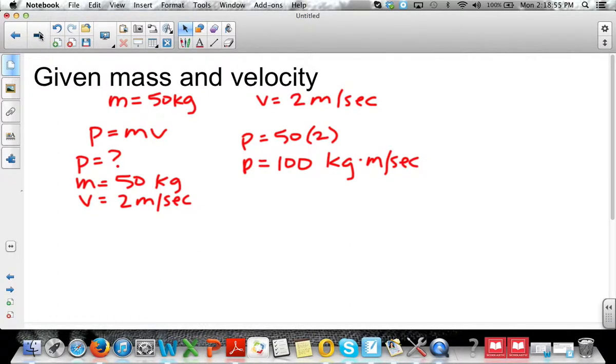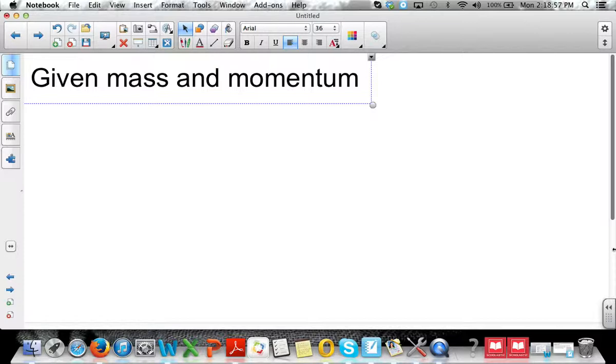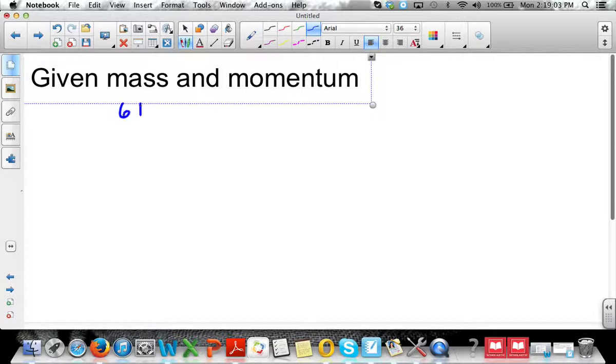The next one, given mass and momentum, let's say the mass this time is 6 kilograms and the momentum is negative 18 kilogram meters per second. I'm going to do the same thing: write down my whole formula and identify each variable.